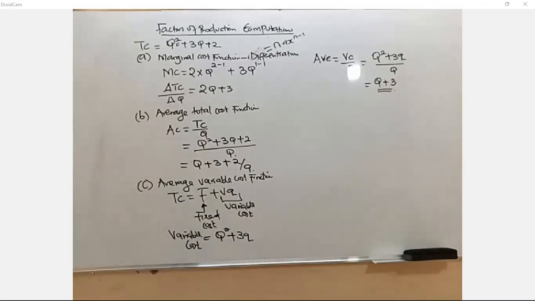Now, there is another question regarding the same, where an examiner is asking, at what level of output will the firm minimize its average total costs and its average variable cost in the short run?